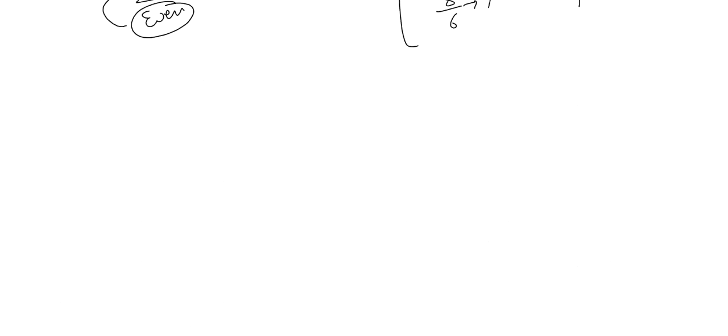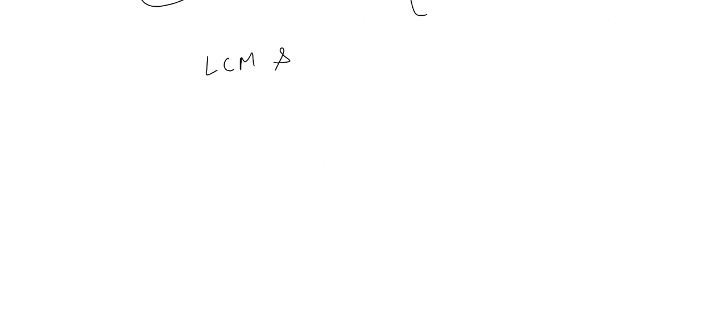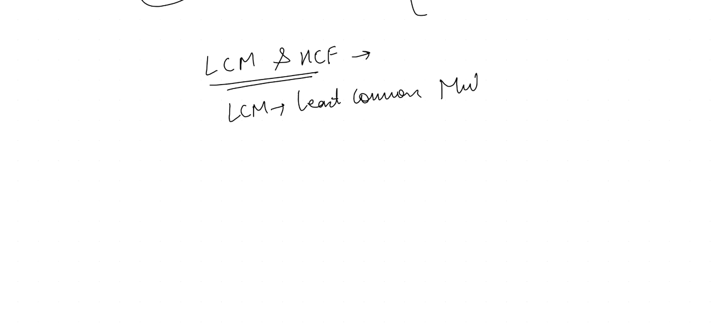Another point that we want to see is LCM and HCF. And after that, we'll move to questions. Let's start with LCM. LCM is least common multiple. And before that, there is something called prime numbers. Again, we need to tackle that as well.